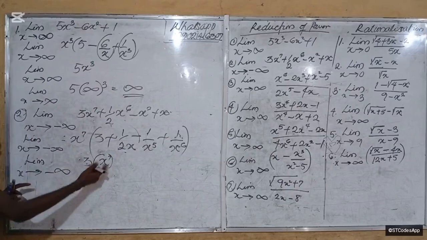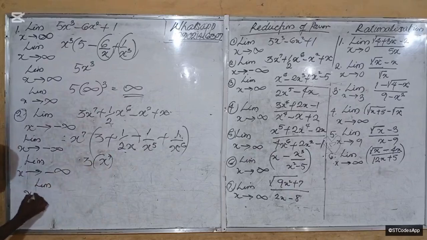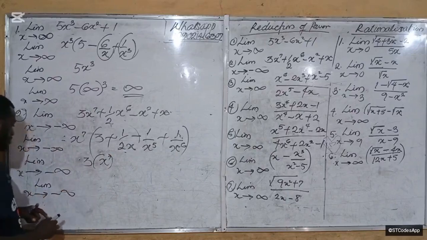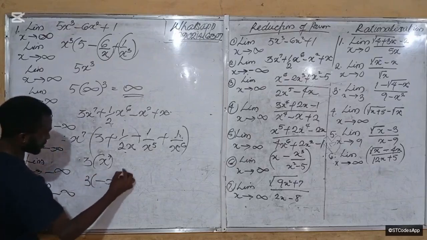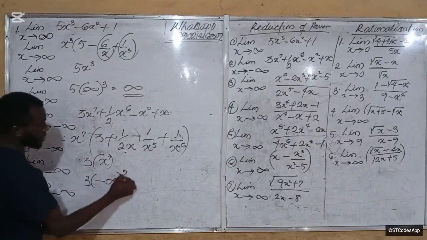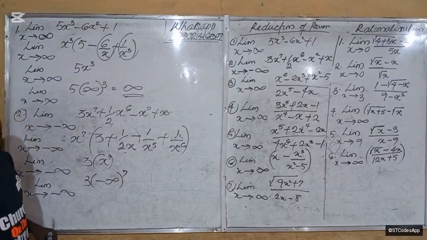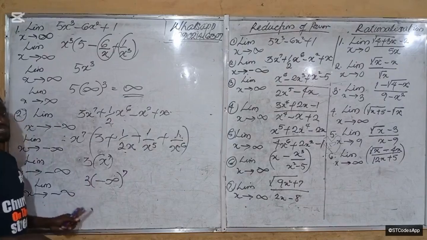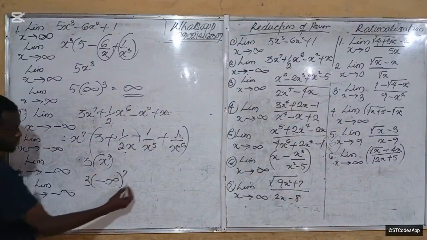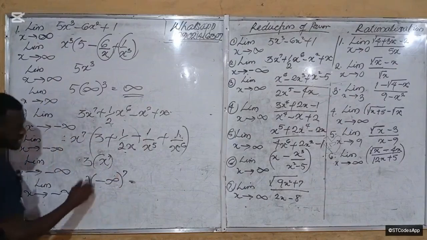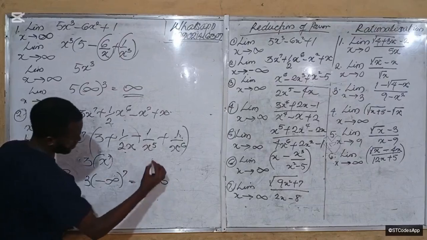So by the time we plug in negative infinity here, we have 3 into bracket negative infinity raised to power 7. Now negative infinity raised to power an odd number is going to be negative infinity. Okay, if it were an even number, it's going to be positive infinity. So in this case, we have 3 times negative infinity is negative infinity.